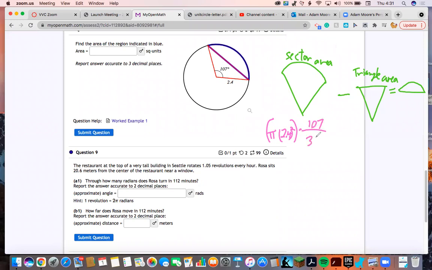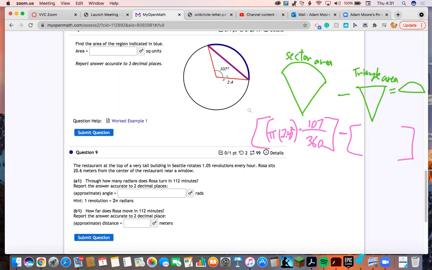That's our whole sector area. And you can run that through a calculator or just save it for later and run all the numbers at once. There'd be that part of the answer minus this part of the answer, and this will be the triangle part, minus out the triangle area.